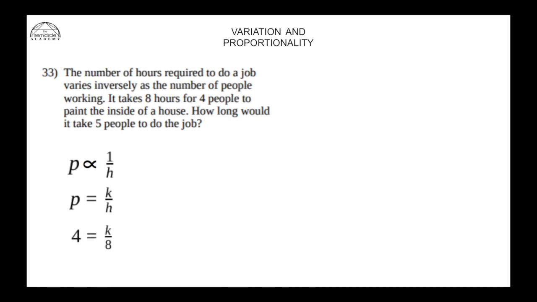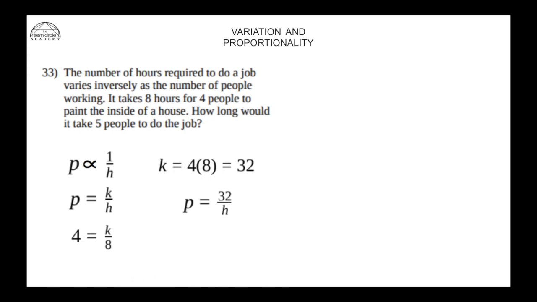So I'll just plug those values into my equation, and I'll find for K, and K is 4 times 8, which is 32. So now I have this final equation here, P is equal to 32 over H. And from this equation, I could find anything else that they ask me for.